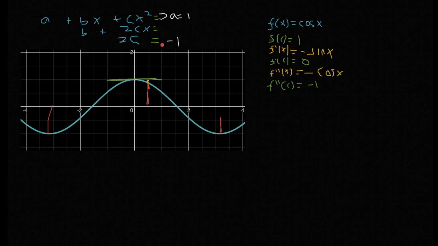And then we can solve for c by dividing both sides by 2. And we can now say that c, the coefficient of x squared, is equal to negative 1/2.